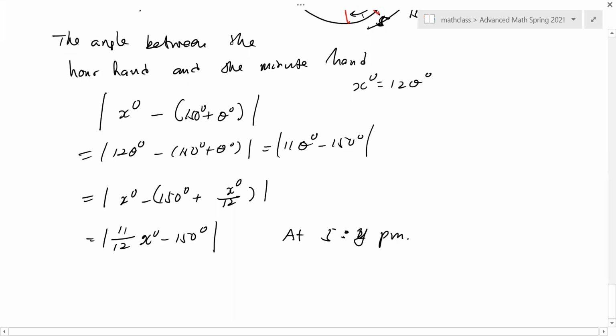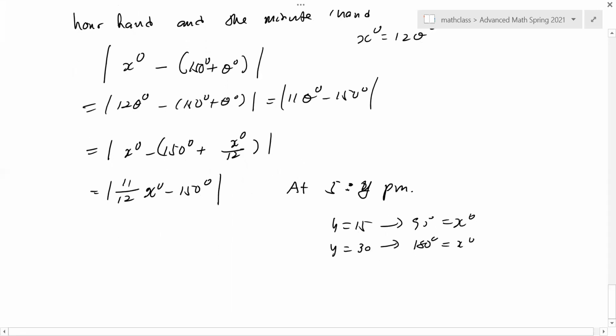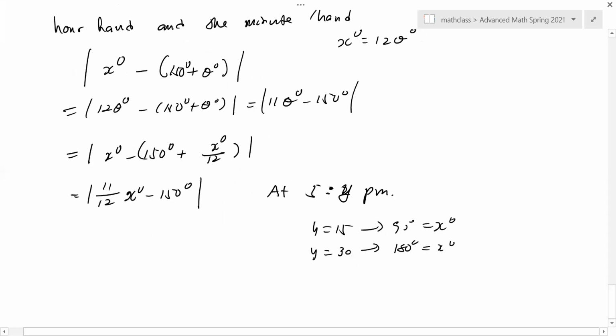So at 5 p.m., y equals 15 corresponds to 90 degrees, right? Y equals 30, and this angle will be 180 degrees. Okay, so you can easily calculate this. You can get a general formula, and easily calculate the angle if you're able to derive the formula.